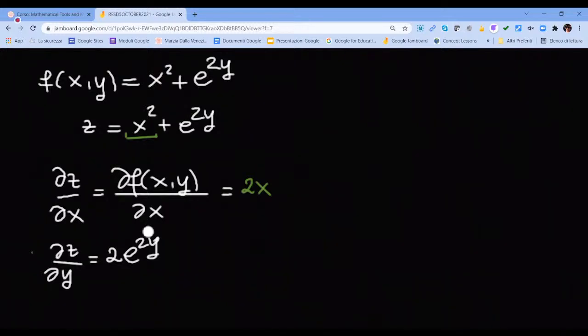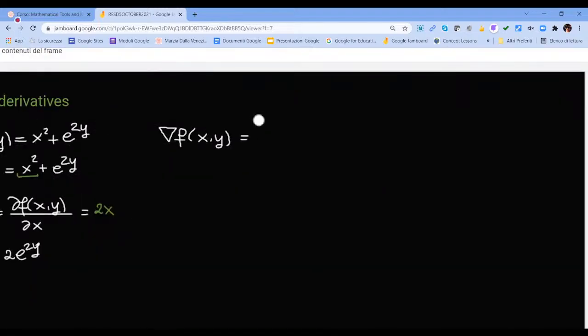Nabla of f of x and y means the gradient of the function f, and this is a vector whose components are the derivative with respect to the first variable, and so on.